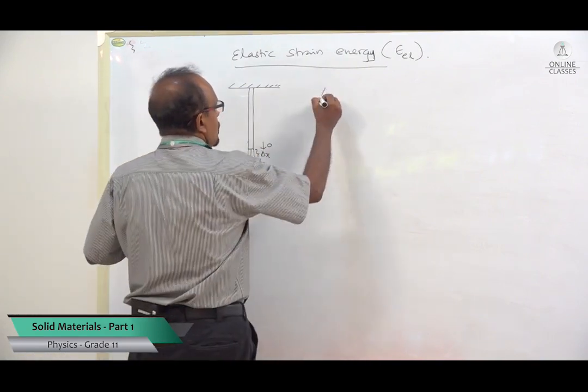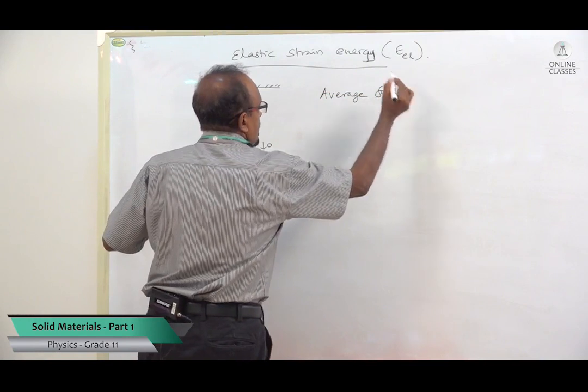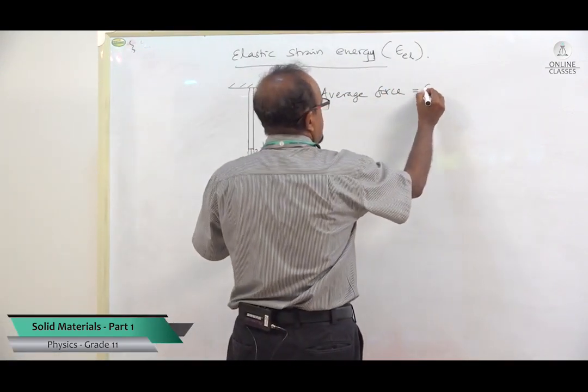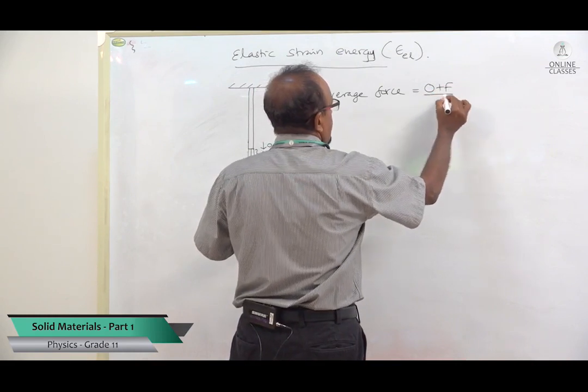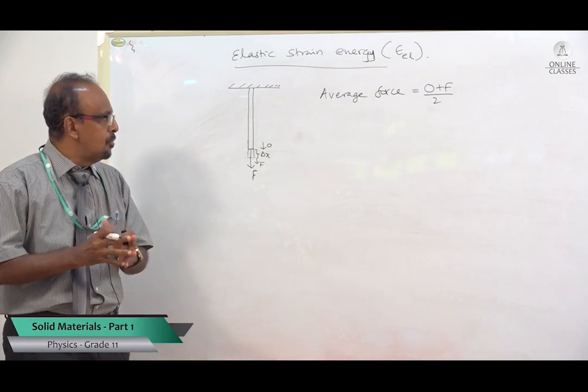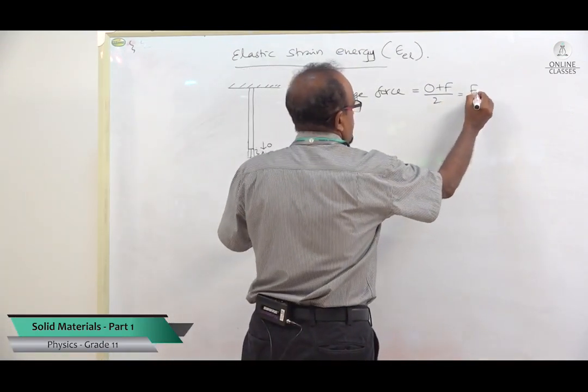Then we have to talk about the average force. So the average force will be 0 plus F divided by 2. So initial force plus final force divided by 2, and we call that the average force.